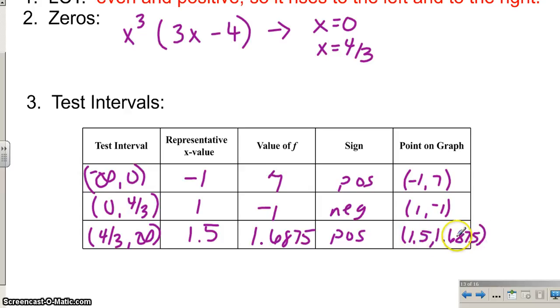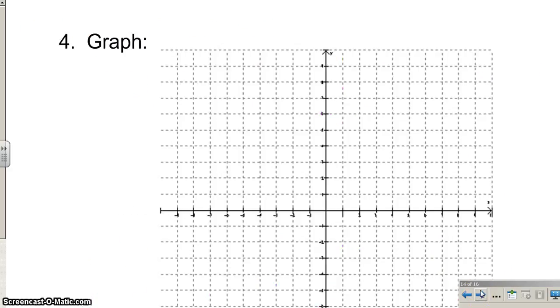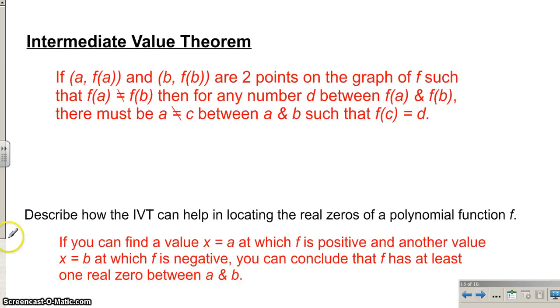So these are your ordered pairs. You can take these 3 ordered pairs, plot those along with your zeros, and along with knowing what your graph is going to look like as far as its end behavior, you should be able to graph this function pretty accurately without your calculator. Okay? And I'm not going to do that graph for you.